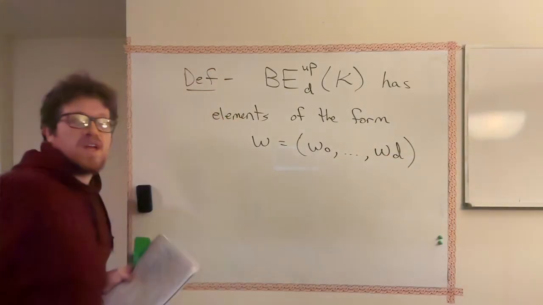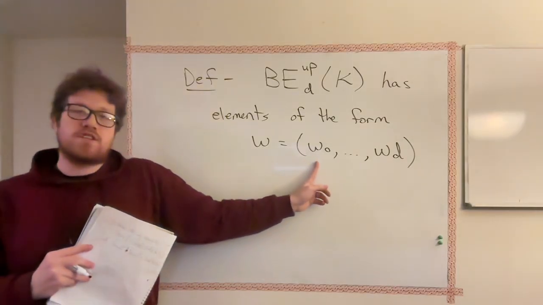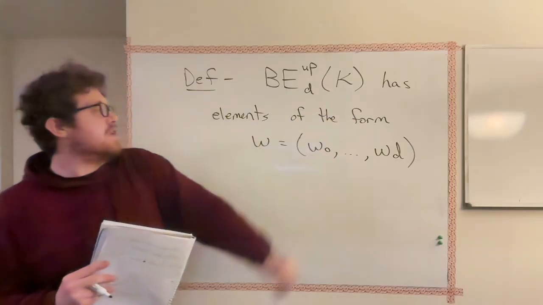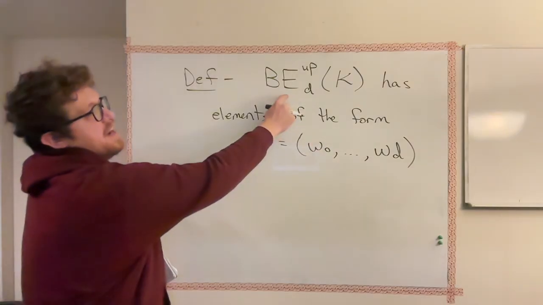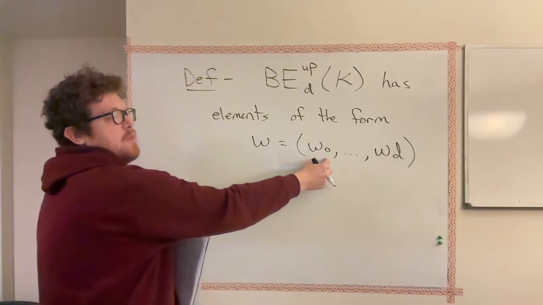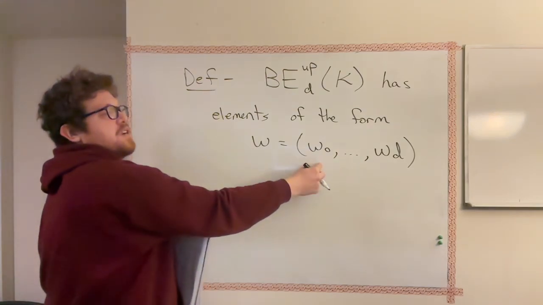It's a D simplex, and these are all permutations, but they're permutations of a partition of 1 through K. I'm also going to add an extra stipulation, which I haven't talked about yet: I want each permutation to be a permutation of a refinement of the partition of the previous one.